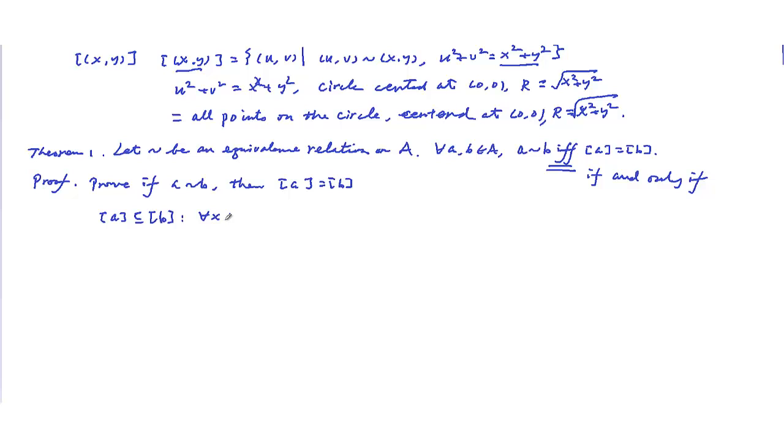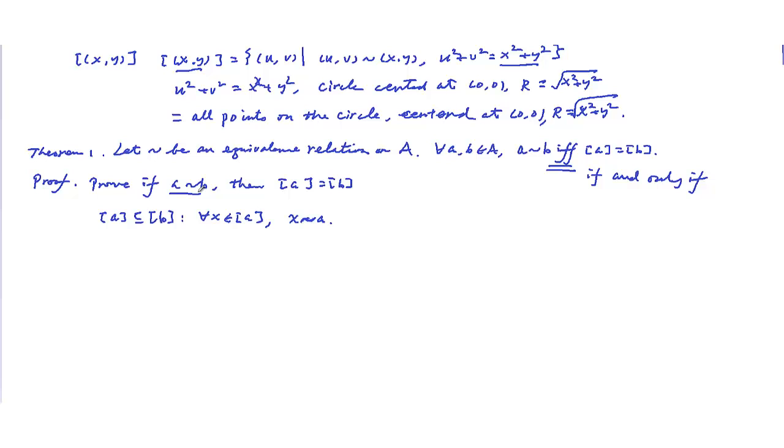For each element x in class a, we want to prove this element is also in class b. Because this is class a, that means x is equivalent to a by definition, because it is an equivalence class. So x is related to a.